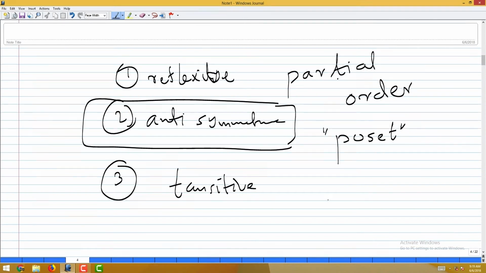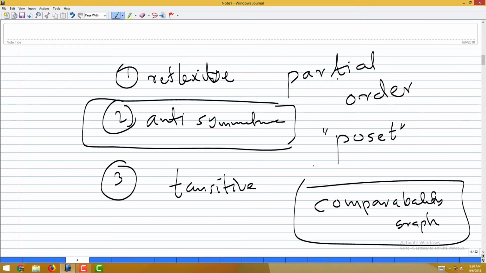So, once you get a partial order, just get rid of the arrows and you get the underlying undirected graph, that is the comparability graph corresponding to that partial order, because the comparability relation is captured here, in which pairs are comparable.